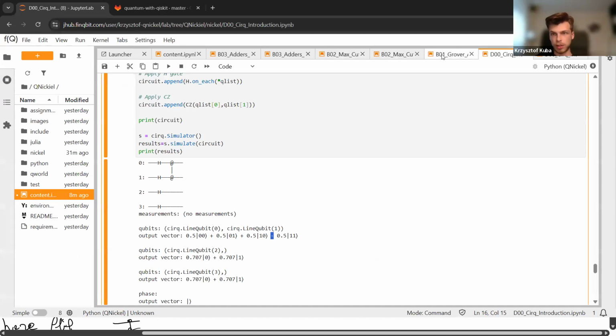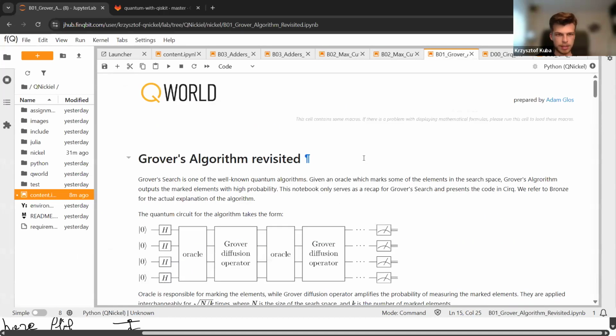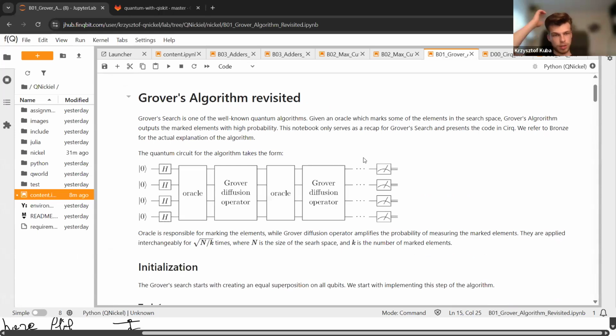Okay, so let's go to Grover. I think this is it. Yeah, so the Grover algorithm looks as follows. This circuit implementation is maybe more clear right now. We initialize the circuit with a superposition using the Hadamard gates.